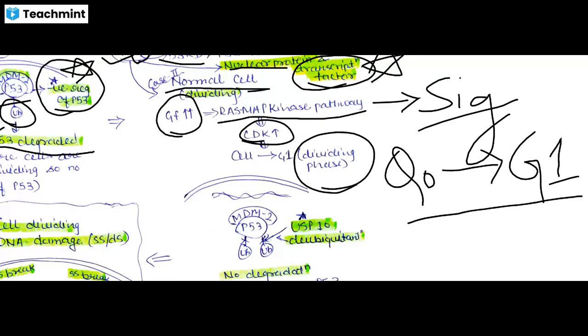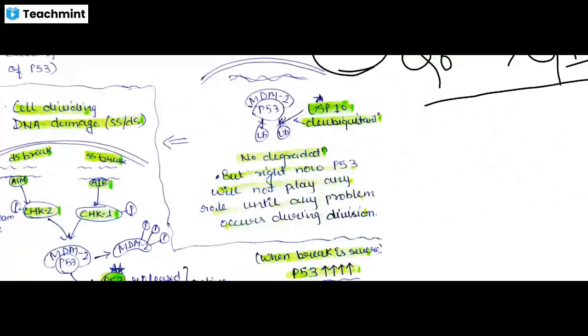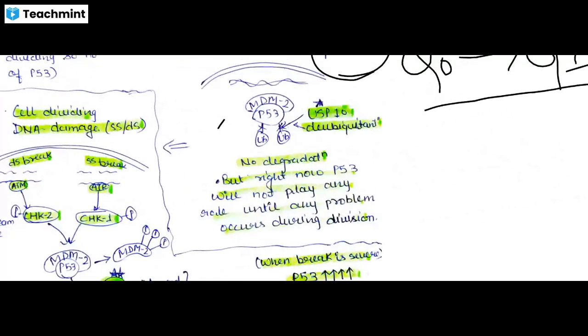Okay? Because it is the guardian again. A guardian comes to protect when we are in danger. The cell here is not in danger. But still, what will we see here? We will see that MDM2 is bound with P53, but ubiquitin is degraded, so that if in case any damage occurs, P53 can be ready.